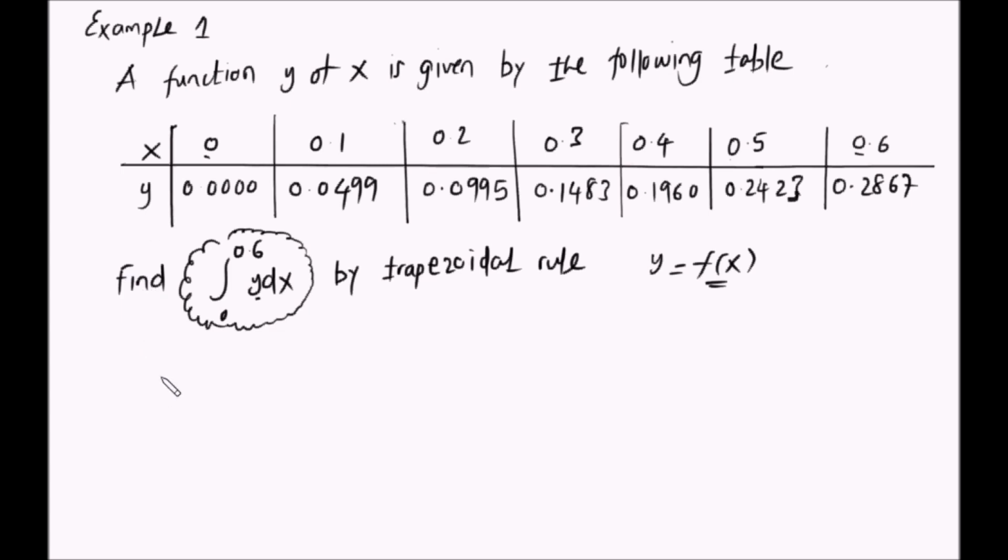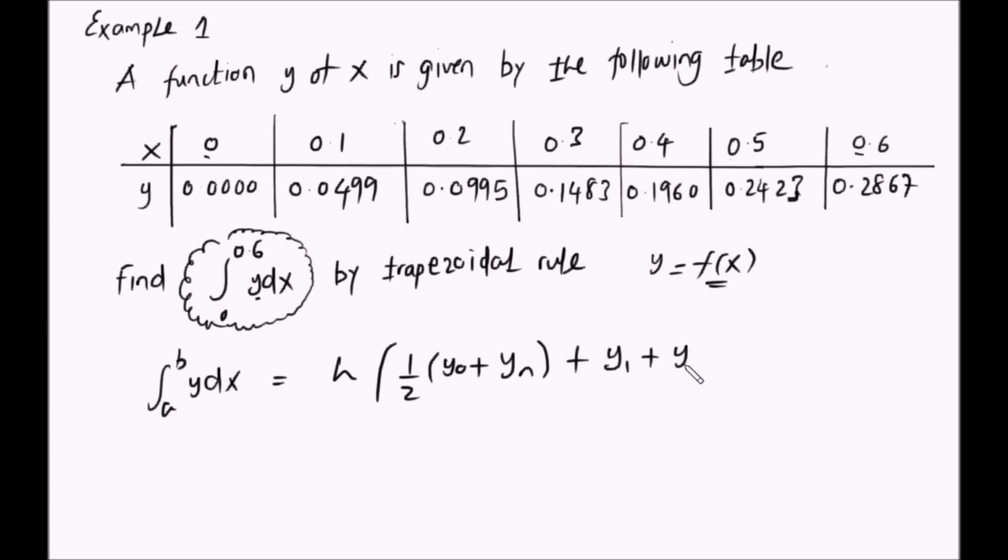So I mean the trapezoidal rule formula yake tulisema ni if you have to integrate like this, all you have to do is h times 1/2 y0 plus yn plus y1 plus y2 mpaka yn minus 1.